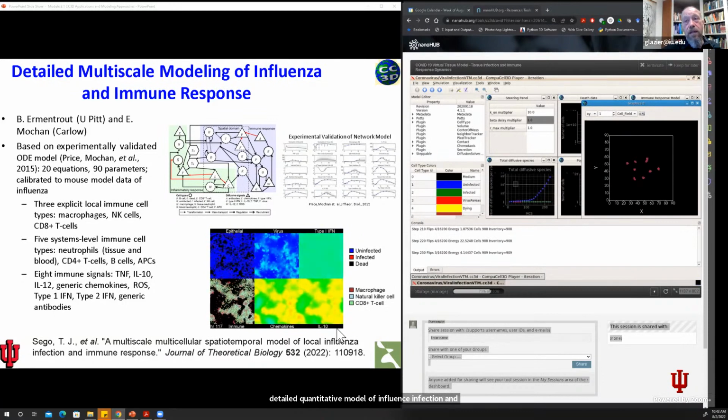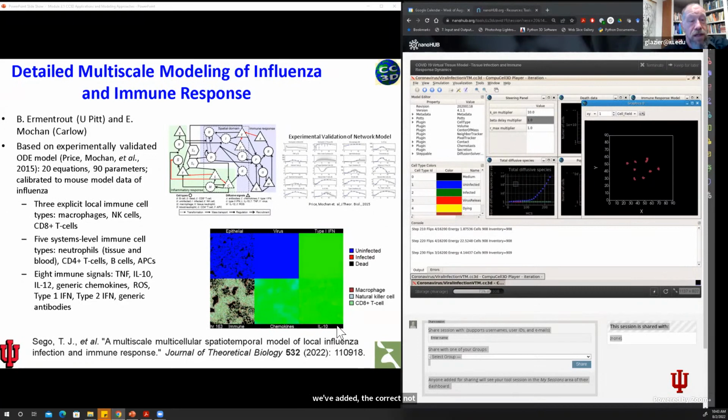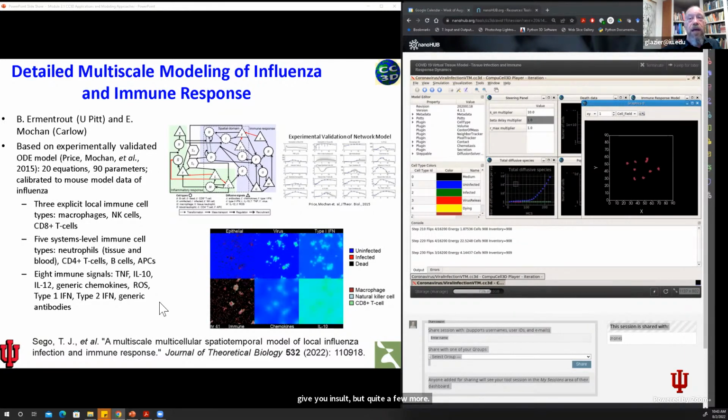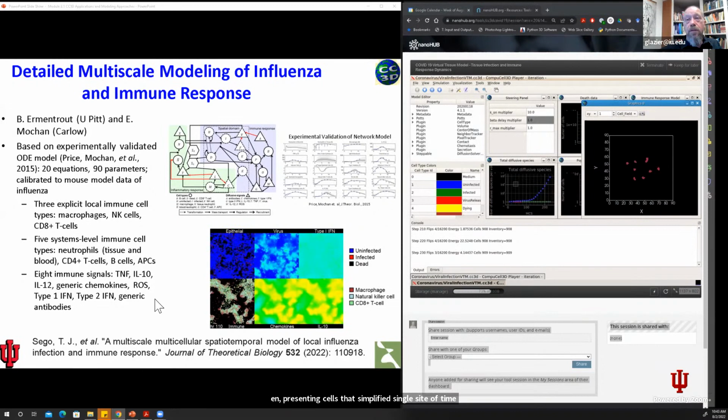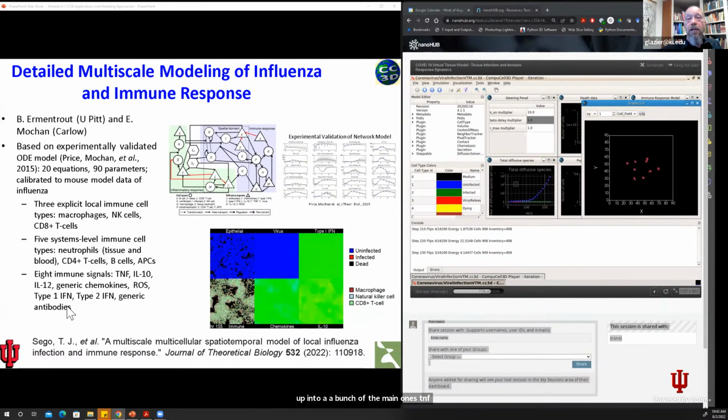And in this case, we've added not absolutely every species of immune cell, but quite a few more: CD4 plus T cells, B cells, antigen presenting cells, and that simplified single cytokine has been broken up into a bunch of the main ones, TNF, IL-10, IL-12, type 1 and type 2 interferons, and antibodies, natural killer cells, and so on, macrophages.